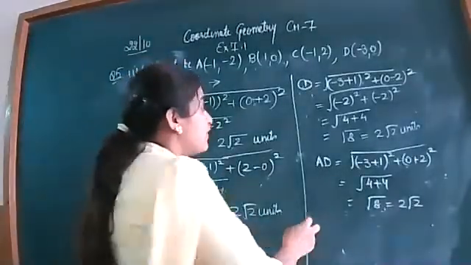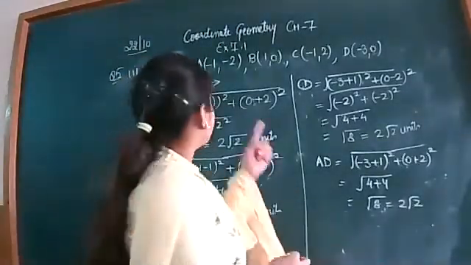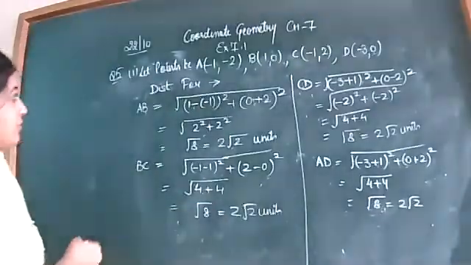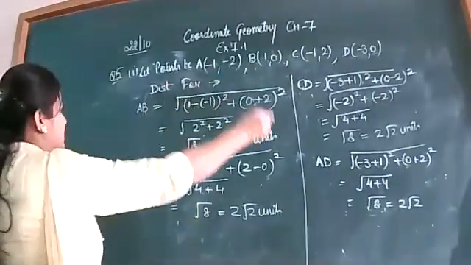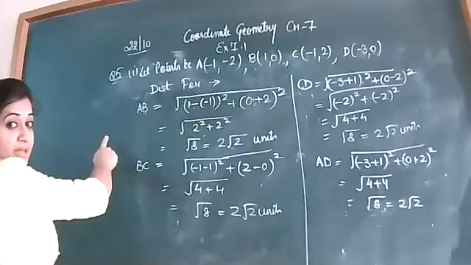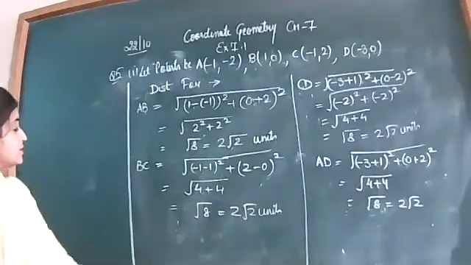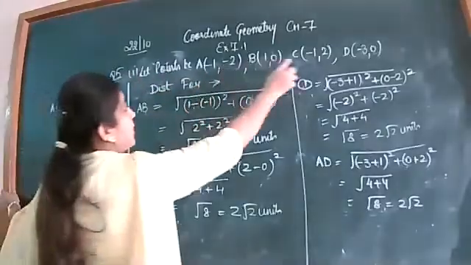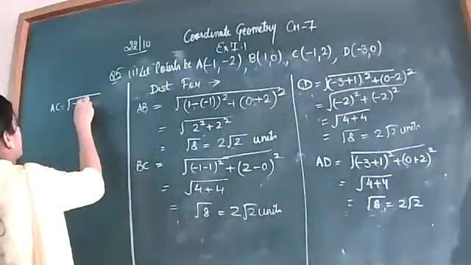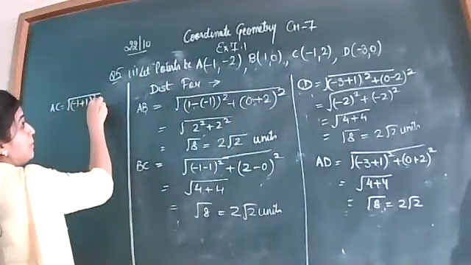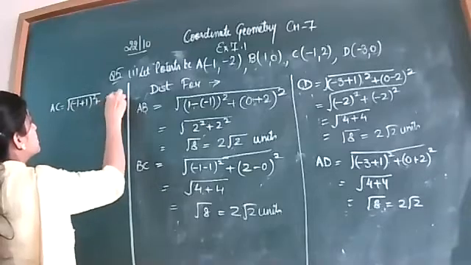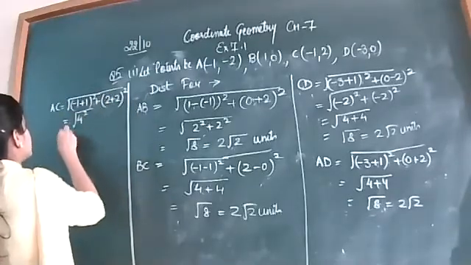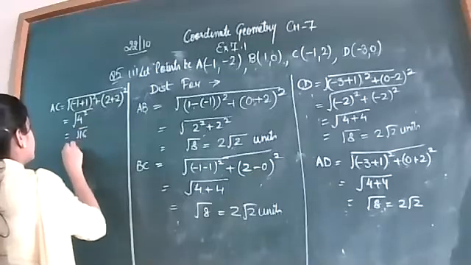So after this, we will find the length of the diagonals, that is AC and BD. So I'm writing here, AC will be given by -1 plus 1 whole square plus 2 plus 2 whole square, that is 4 square is 16, that is 4.